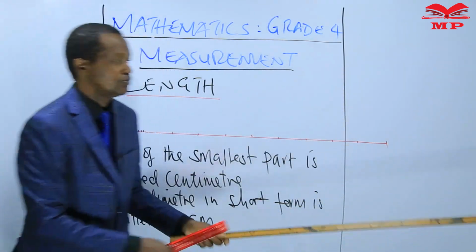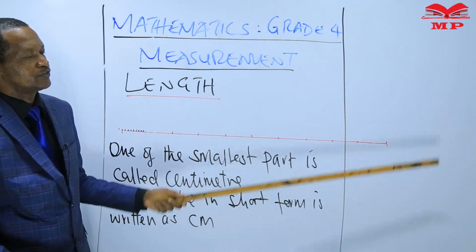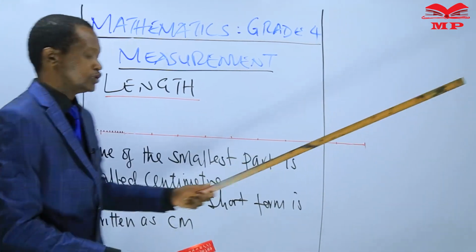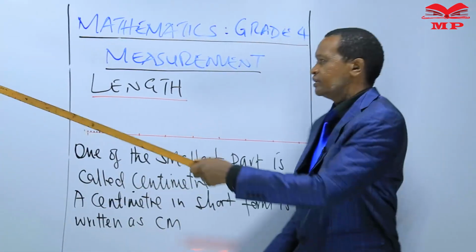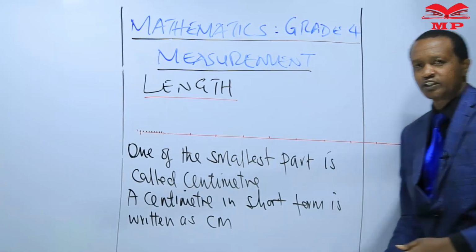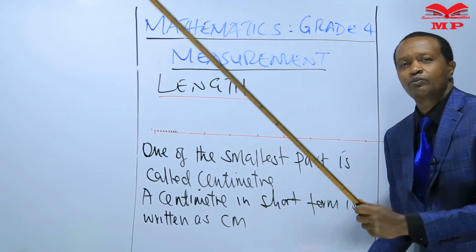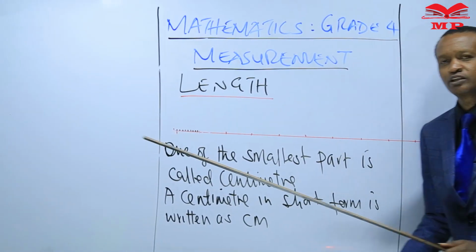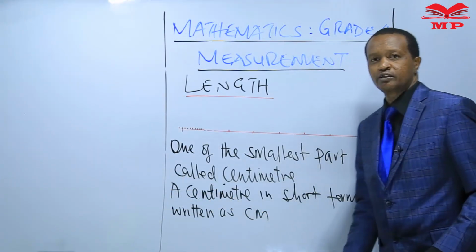For example, if I was to measure the length from that corner of the room to the other corner of the room, it's advisable to use the meter ruler. The meter ruler can be used to measure long length.